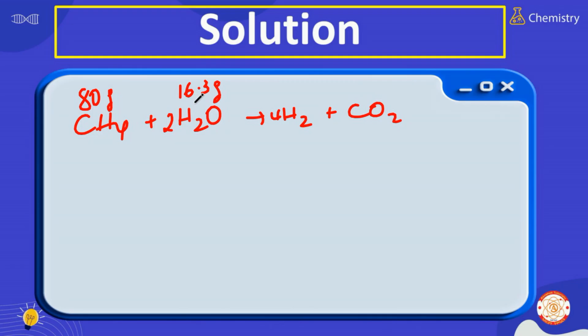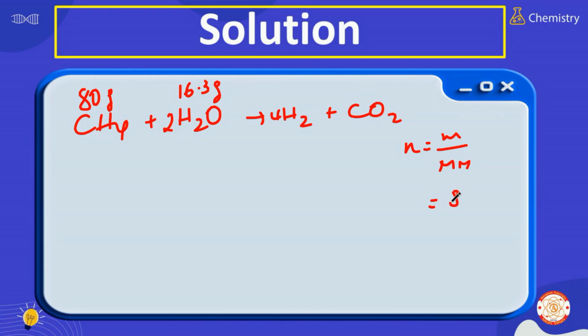So the first step is we have to convert the mass into mole. So to do that, let's use this formula. N is equal to mass over molar mass.